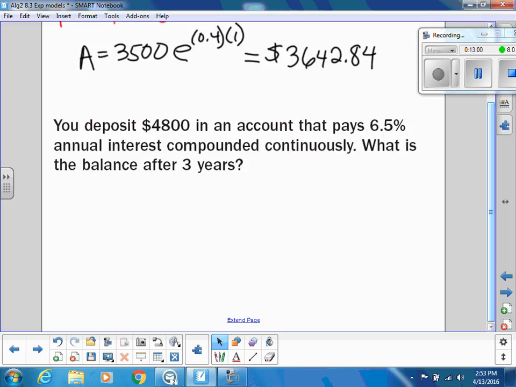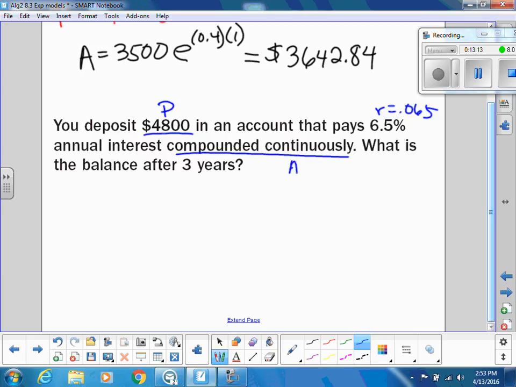Okay, let's do one more and then we'll be done with compound examples. All right, so our P, our deposit is 4,800. Our rate is 0.065. We are compounding continuously, so that means we're using this formula. And then our T is 3.